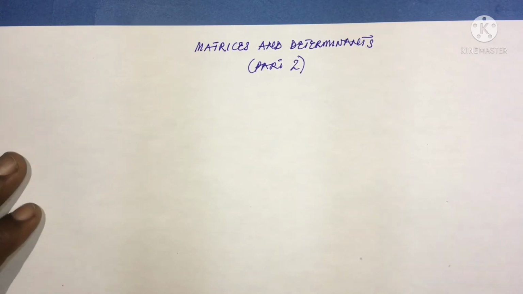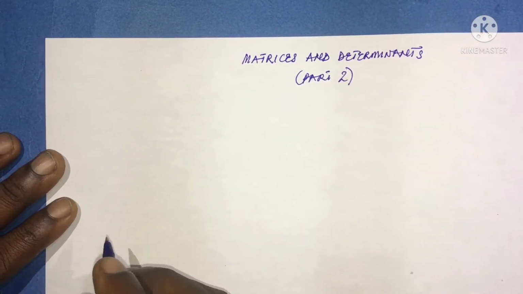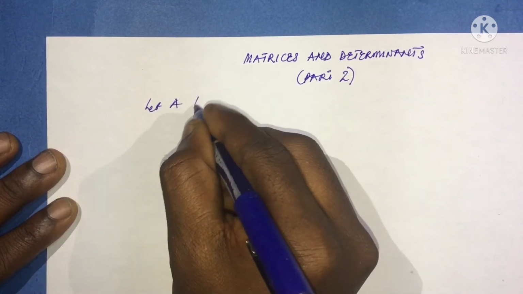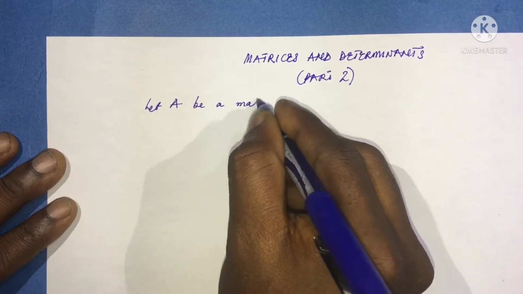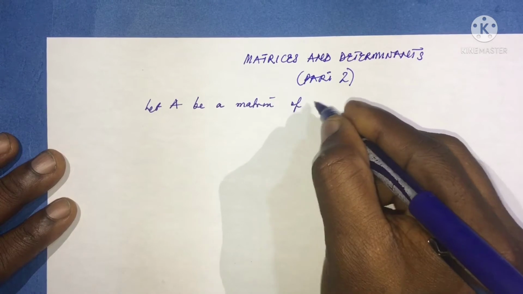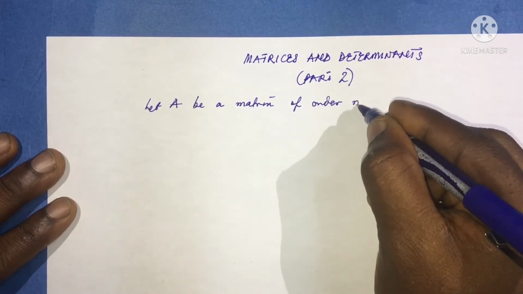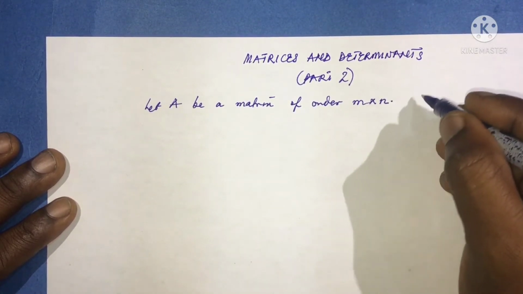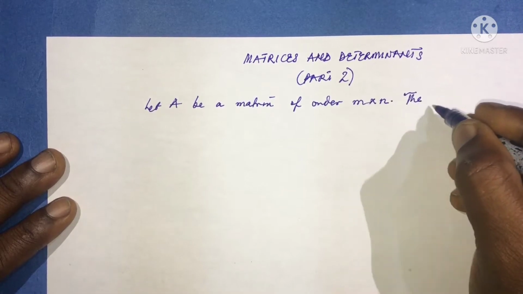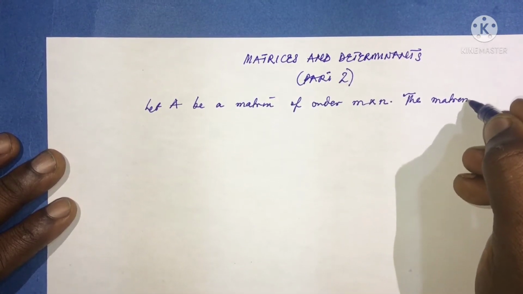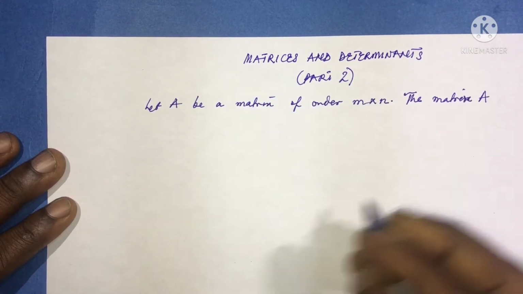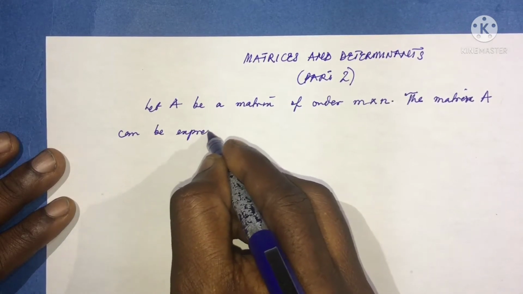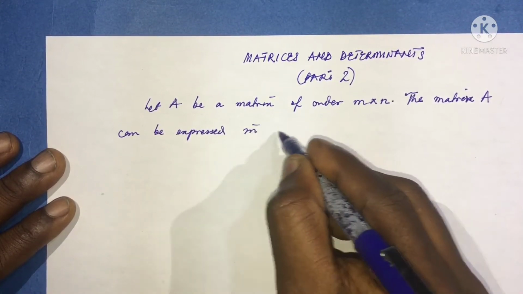So let's begin. Let A be a matrix of order m by n. If that is the case, the matrix A can be expressed in an expanded form.